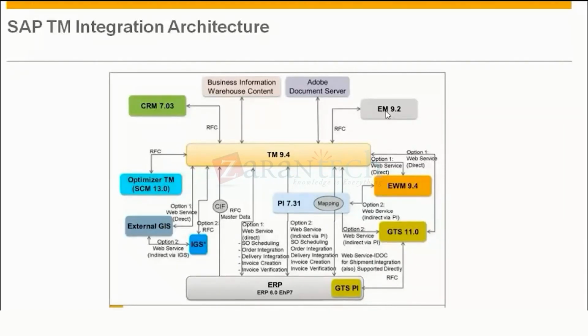But in the event management tool, you can just give a selection criteria: please show me all the events from 1st of August to 8th of August which have been reported. If you give such criteria, the entire list referencing different freight orders is retrieved automatically. So there are a lot of features available within EM.